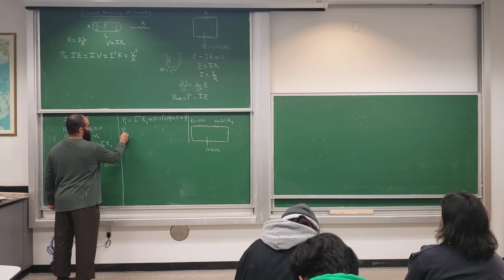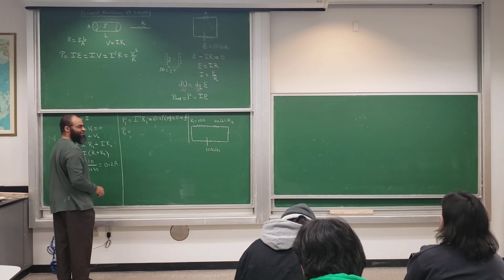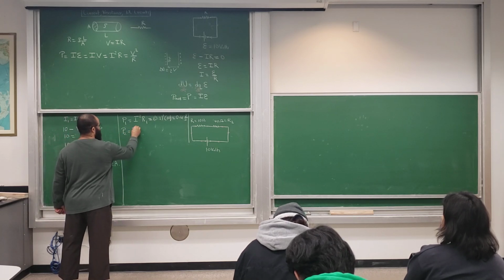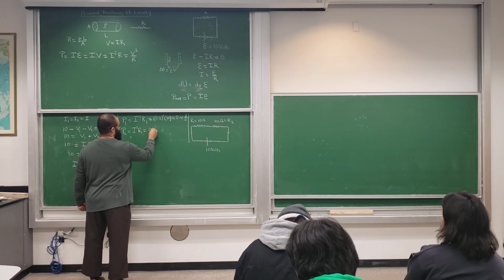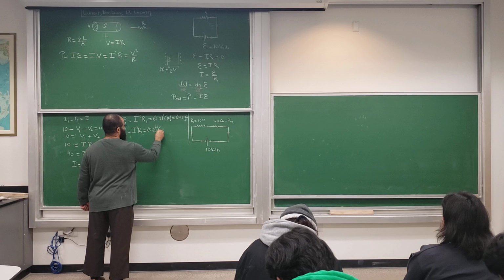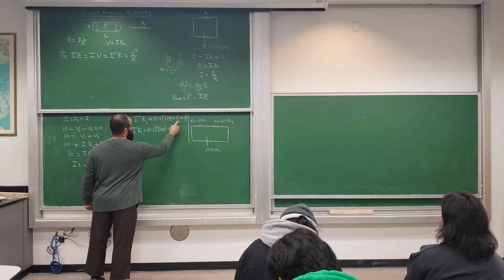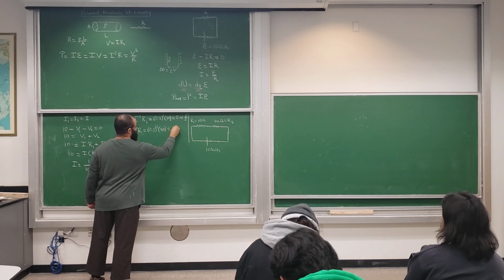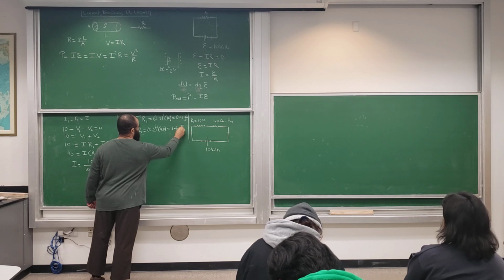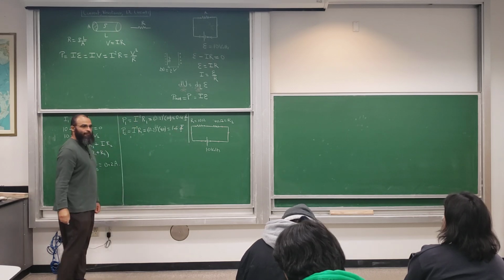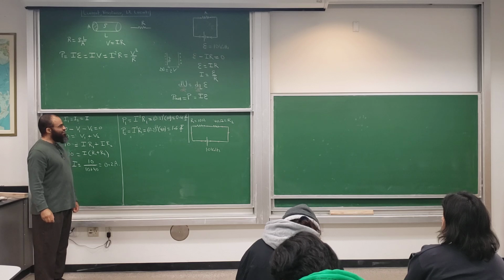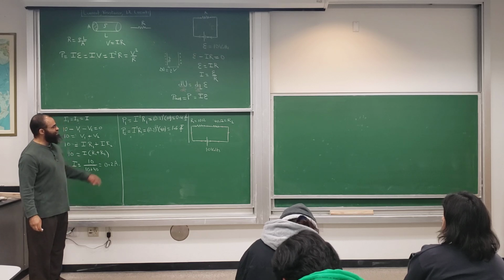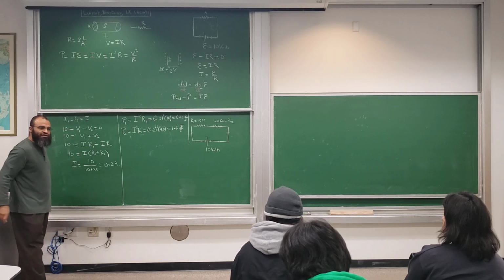The power on the second resistor is what? I squared R2. So I get 0.2 to the power 2 times 40. So it'll be 1.6. Now, who provided this power that's going through these resistances? The battery.